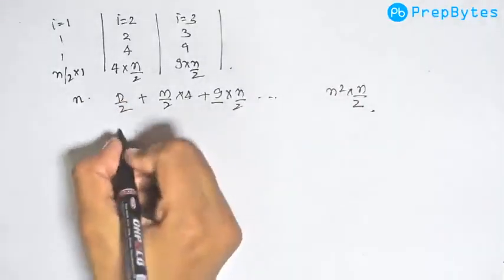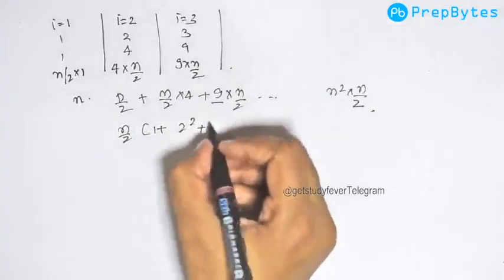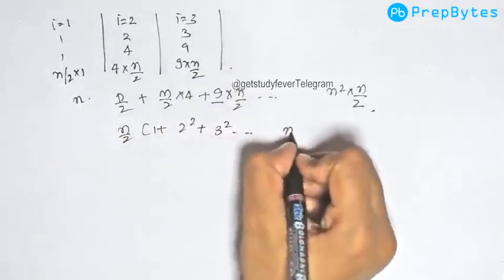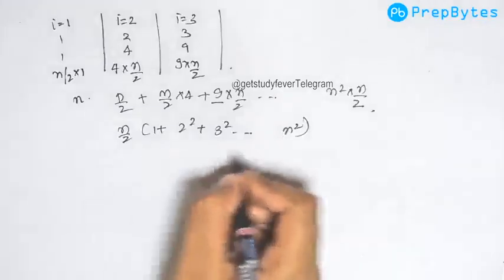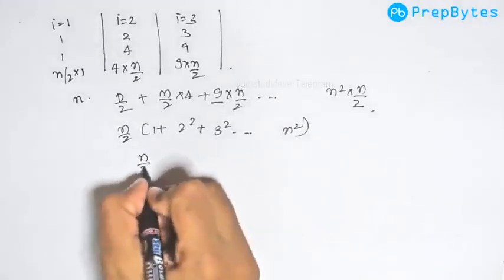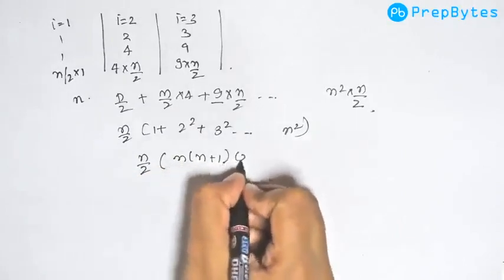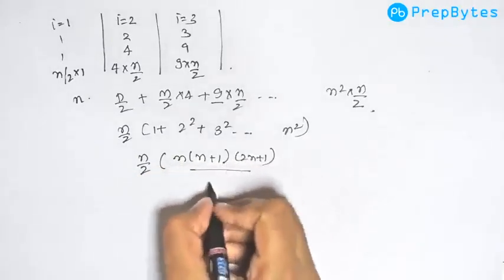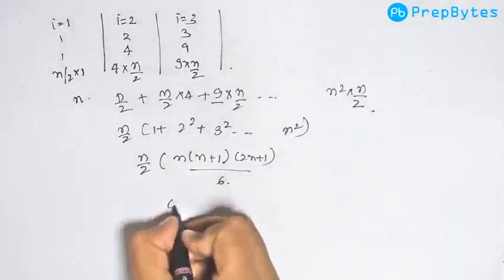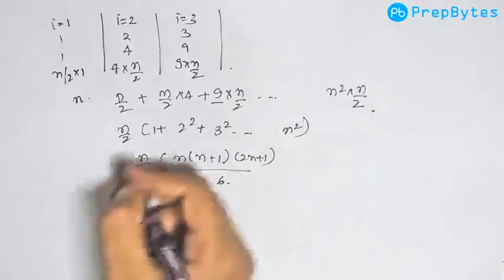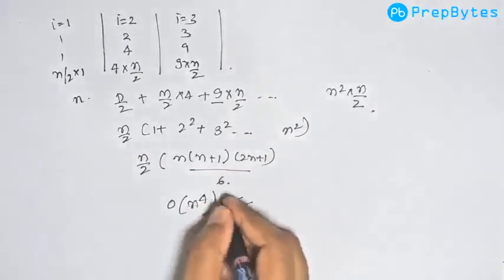If we take n by 2 common, we see that this is a sum of squares of n natural numbers, which is equivalent to a known formula. After we do this calculation, we get to know that the time complexity is n to the power 4.